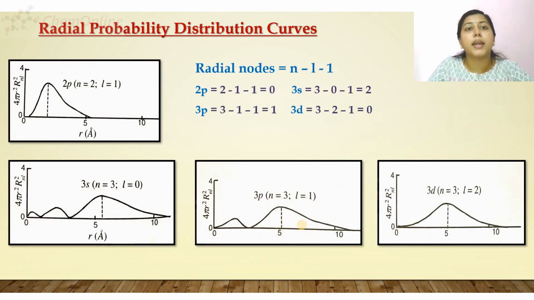These are the radial probability distribution curves for 2p, 3s, 3p and 3d orbitals. So work out the radial nodes for each orbital using the formula n minus L minus 1 and try to plot the distribution curves for other orbitals as well. One thing to note is that as the distance from the nucleus increases, the peaks get flattened.